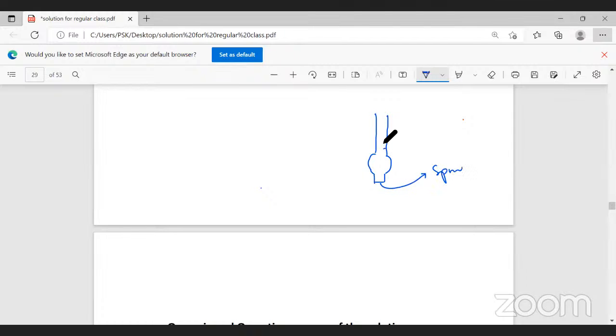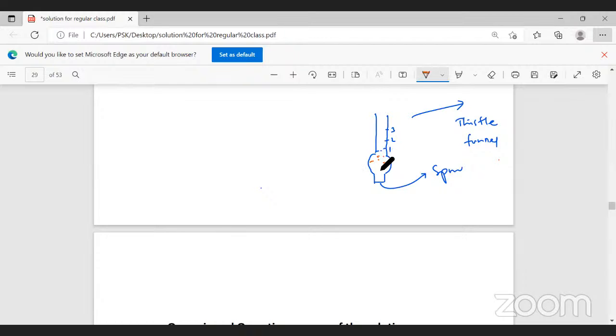This is a graduated tube, marked 1, 2, and 3. And this funnel is called a Thistle funnel, T-H-I-S-T-L-E, Thistle funnel. And here it's a semi-permeable membrane. Now what we do is, till the mark 1, we will fill a solution.